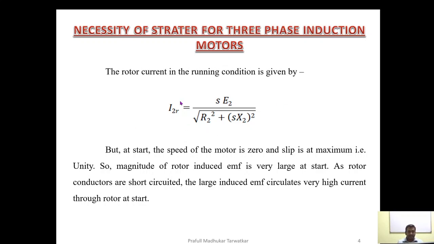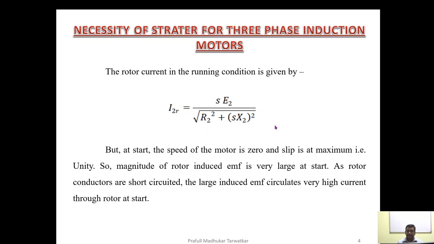Here you can see the rotor current I2 is given by S E2 upon the square root of R2 squared plus (S X2) squared, where S is the slip, E2 is the rotor induced EMF, and R2 and X2 are the resistance and rotor reactance at standstill.